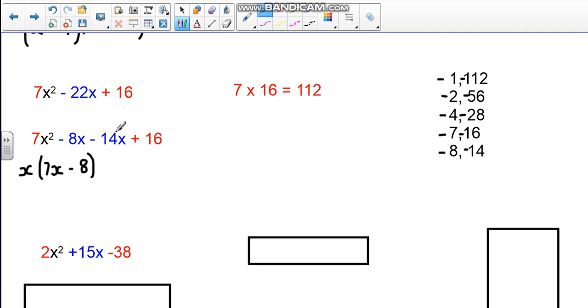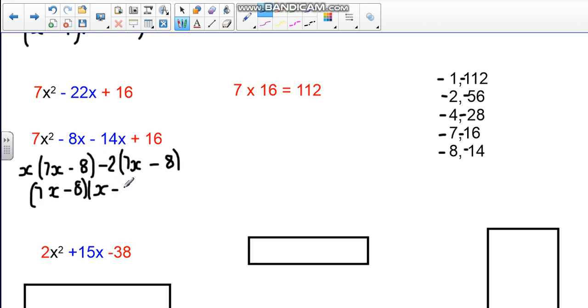But if I just take the 2 out, this would be minus 7x plus 8, and I need 7x minus 8, so I'm going to take minus 2 out. Minus 2 times 7x will give me the minus 14x, and minus 2 times minus 8 will give me the plus 16. Now I've got the same factor there, so that's 7x minus 8 in the brackets, and the other bracket will be x minus 2.